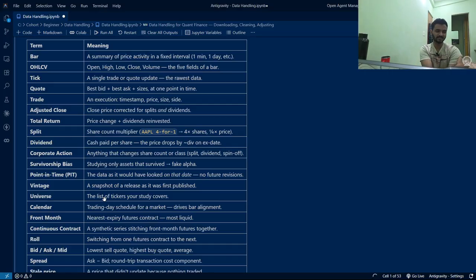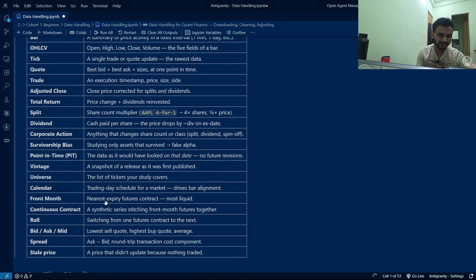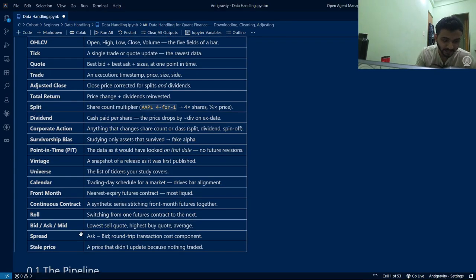Now, calendar, it's very easy. Front month: nearest expiry futures contract. Continuous contract is a synthetic series that's created by stitching front month futures together. Then you got your roll, bid, ask, mid. Bid is your highest buy quote, ask is your lowest sell quote, and mid is the average.